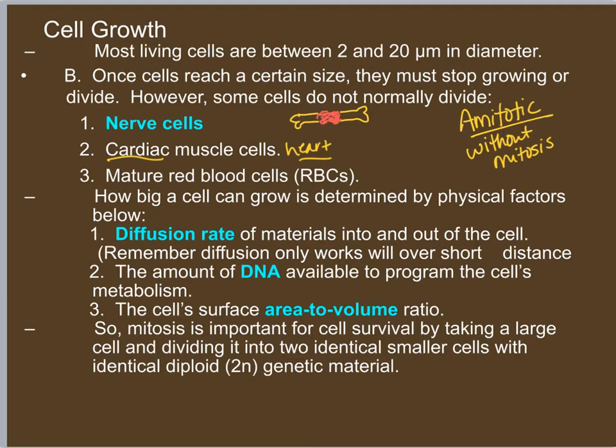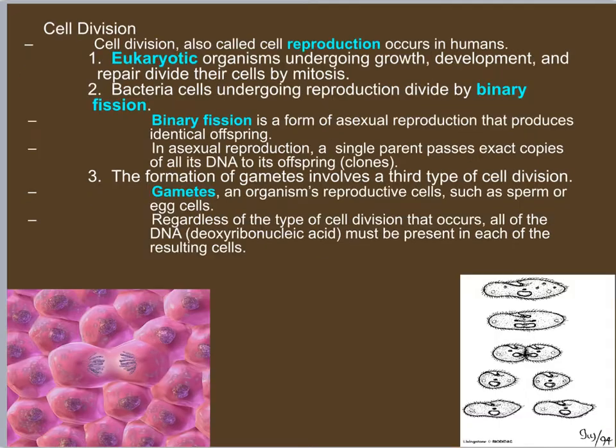And those cells will have identical genetic material. So you're going to take one cell, if it's a human, it would be 46 chromosomes, and divide it into two cells that each have 46 chromosomes. Okay, so that is mitosis and cell division, and we're going to talk more about that.